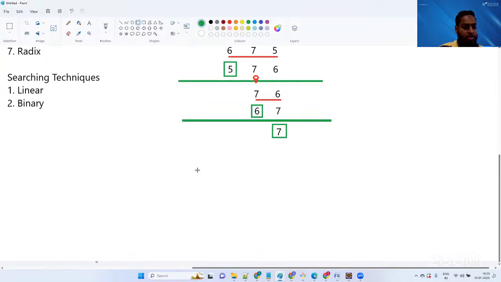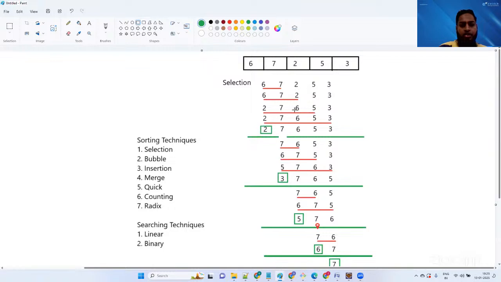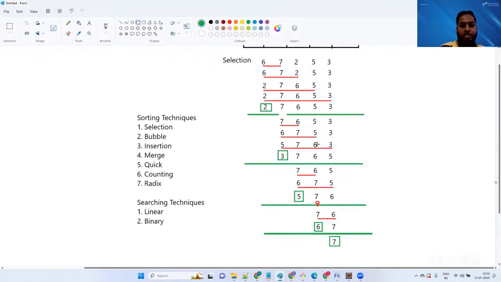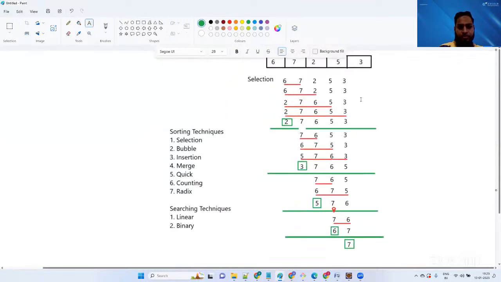So now let's try to write a program for selection sort. Okay. So here you should remember the one in the green are the number of iterations. So when I have 5 numbers, I will have those many iterations. Okay. So this is my iteration number 1.